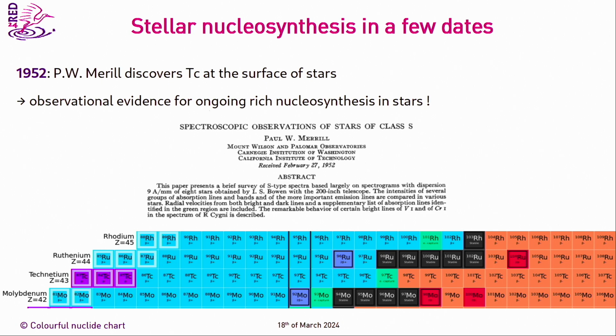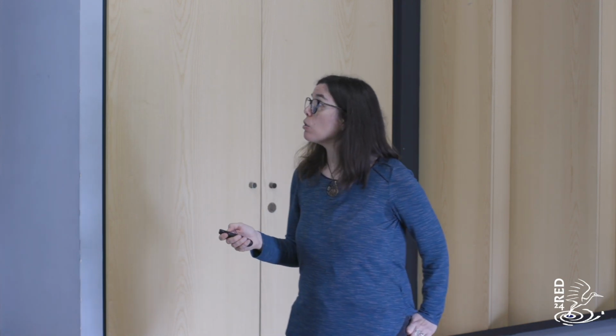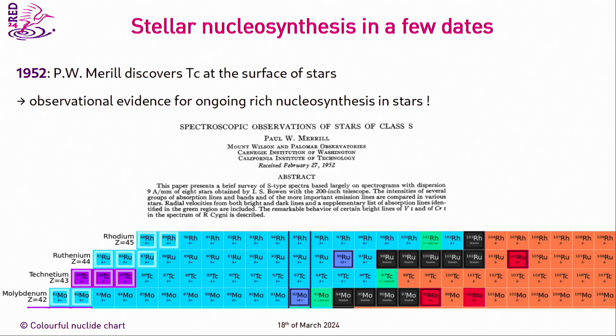And some of the technetium isotopes are long-lived, a bit long, but not that long. And so actually observing technetium in the atmosphere of stars means that there's nucleosynthesis going on, because from the early universe, it couldn't have survived. So if you see it, it's been synthesized inside the star. So wow, there's a very rich nucleosynthesis, so rich that you can even build atoms that are as heavy as technetium.